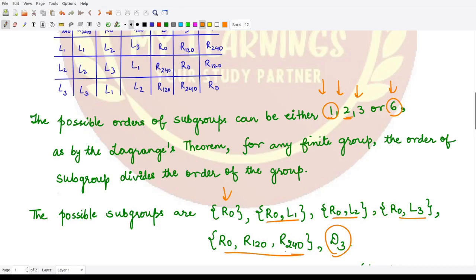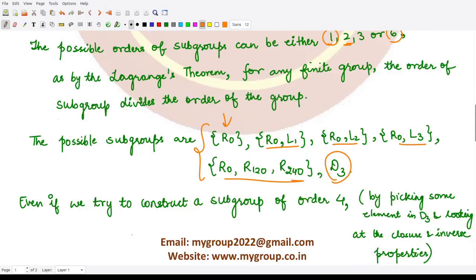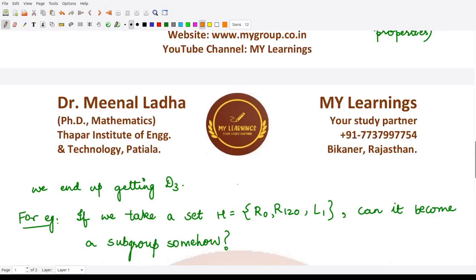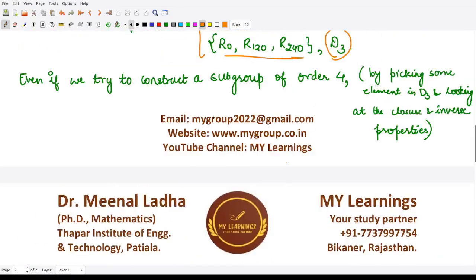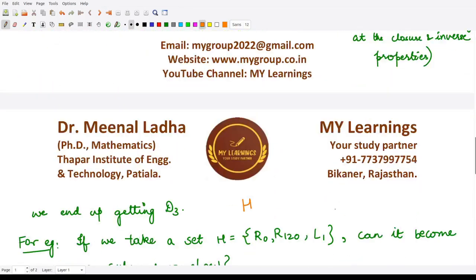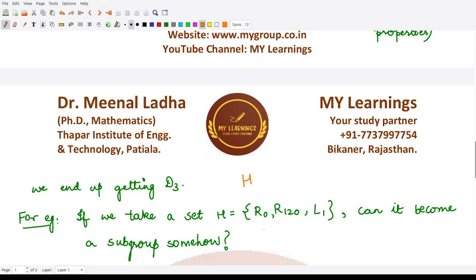So can we construct any other subgroup apart from these? Can we have a subgroup of order 4 here? We can try to construct a subgroup, say H, by taking any 3 elements, and you can also start by taking any 2 elements. Here I took one example where I took 3 elements.